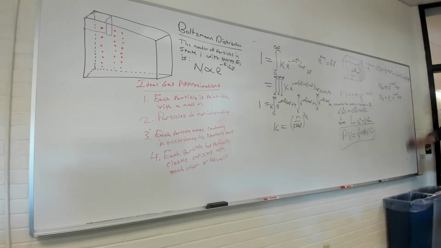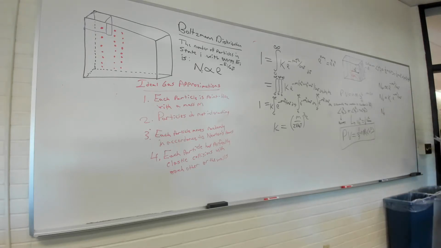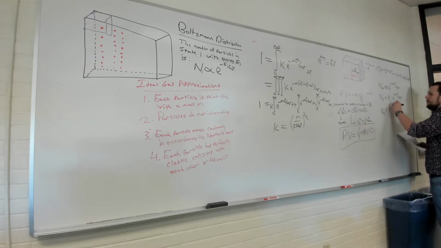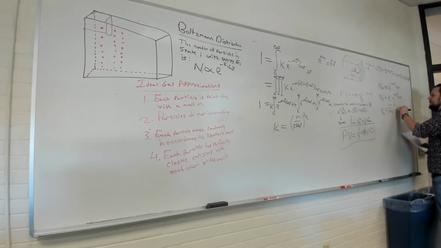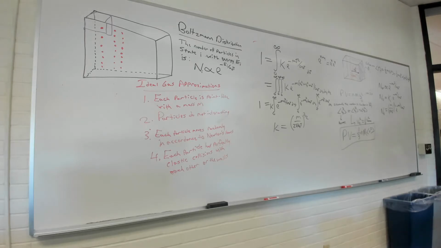So now we have a formula. We can now calculate the number of particles at a given velocity by just plugging in this number, m over 2 pi kBT to the 3/2, e to the minus mv squared over 2 kBT. Like so.